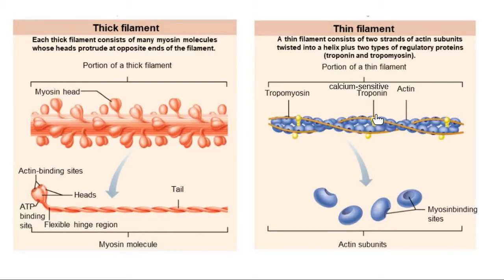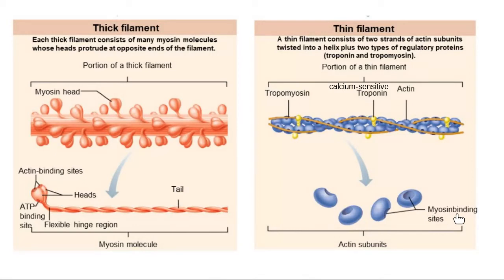And if I don't have the pushpin holding this wet spaghetti noodle in place, it's going to fall off and those myosin binding sites will be exposed. If those myosin binding sites are available, myosin and actin are going to attach to each other and we're going to do muscle contraction. If I cover them up, then we're not going to be able to do the process of muscle contraction.